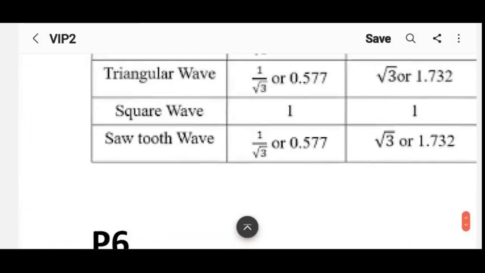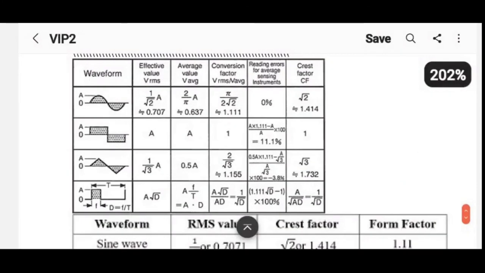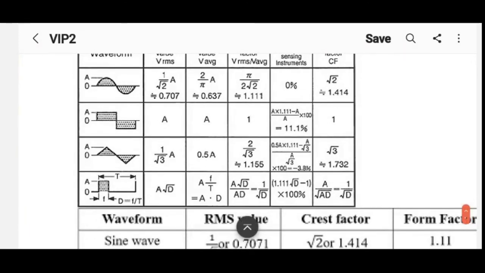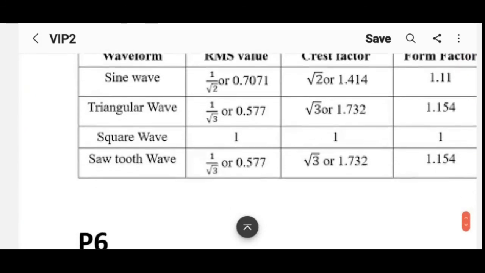So the purpose is that although we know the basics quite well when it comes to calculating RMS value, average value, crest factor, etc., a table containing the results of derivation is always helpful to keep with you. In any case, we are running out of time, so I guess I should not go any further.